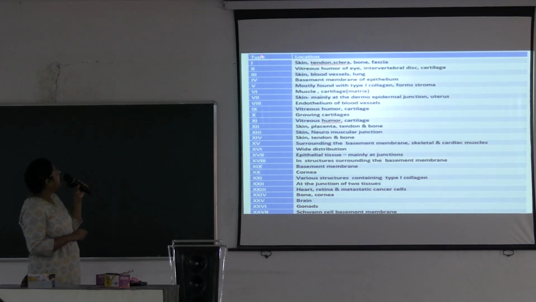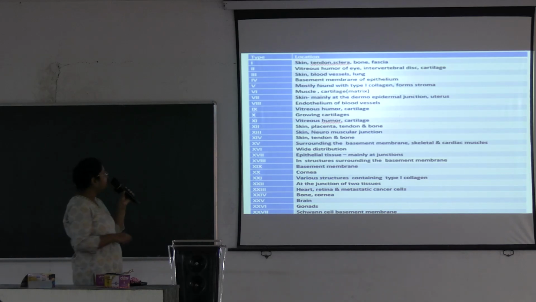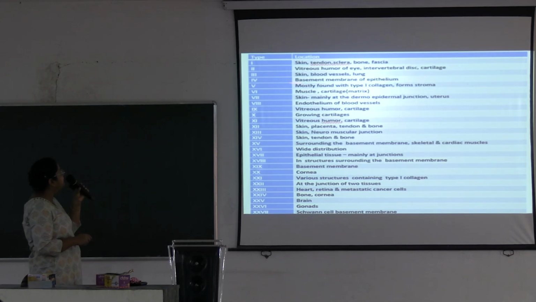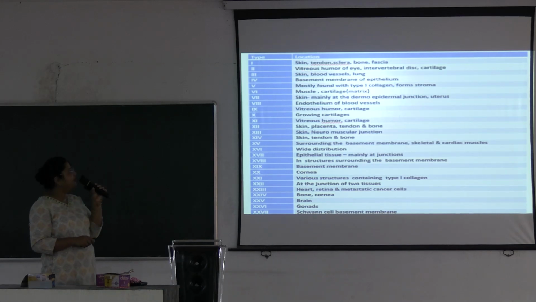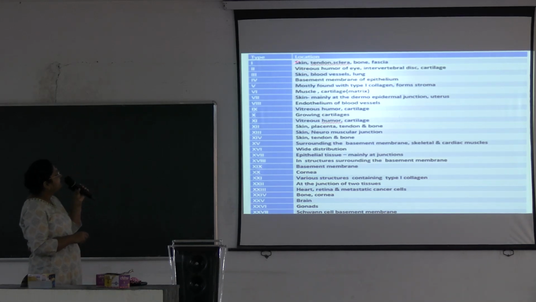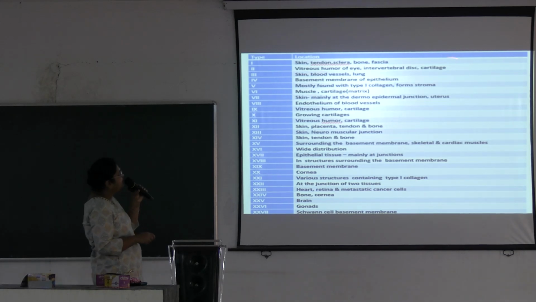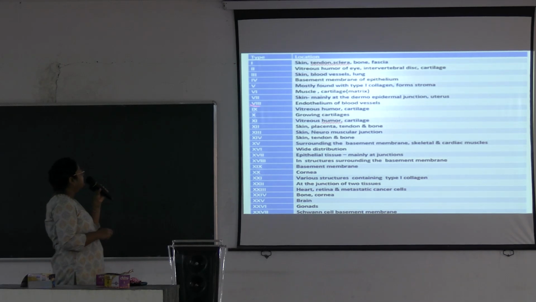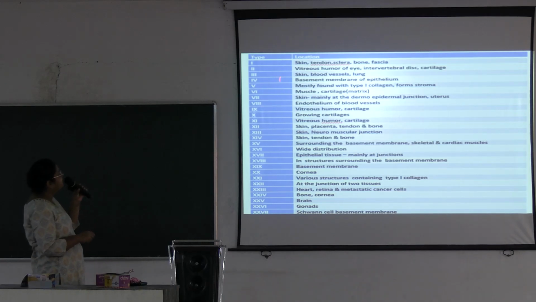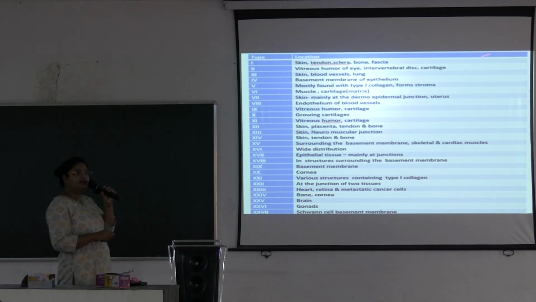So these are the different types of collagen fibers. Okay, mainly the first 5 to 6 you remember, and their locations. Locations are important. Okay. So type 1 collagen fibers are located in skin, tendons, sclera, bone and fascia. Type 2 fibers are located in vitreous humor of the eye, intervertebral disc and cartilage. Type 3 collagen fibers are located in skin, blood vessels and lung.